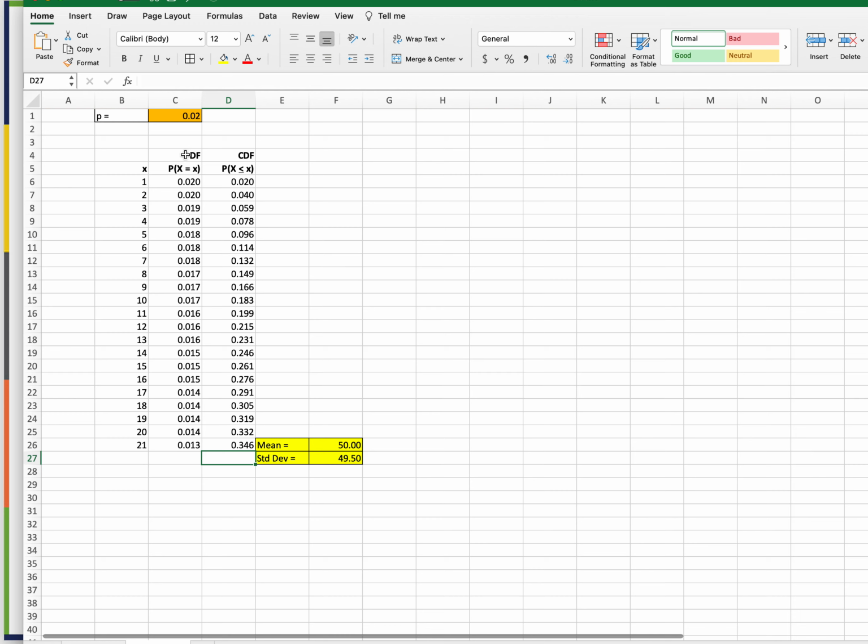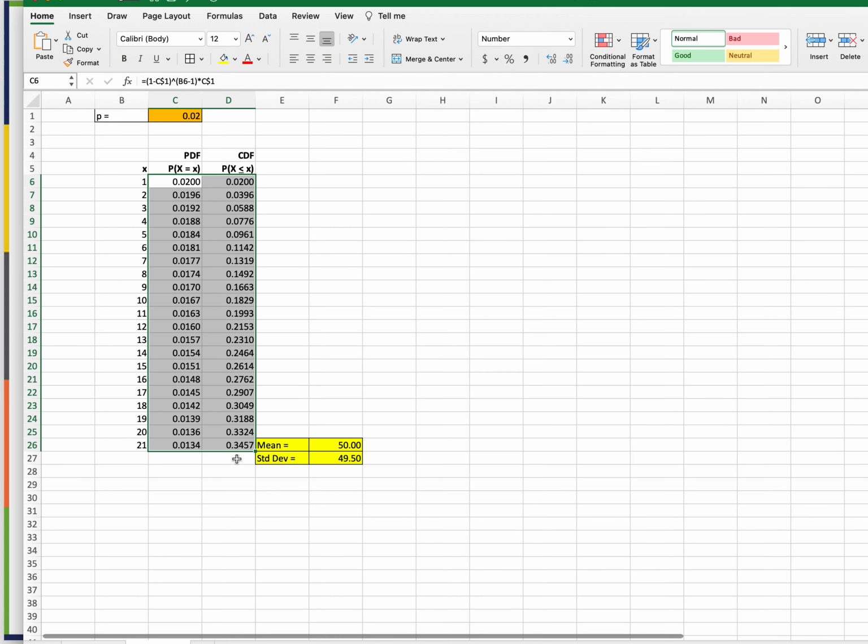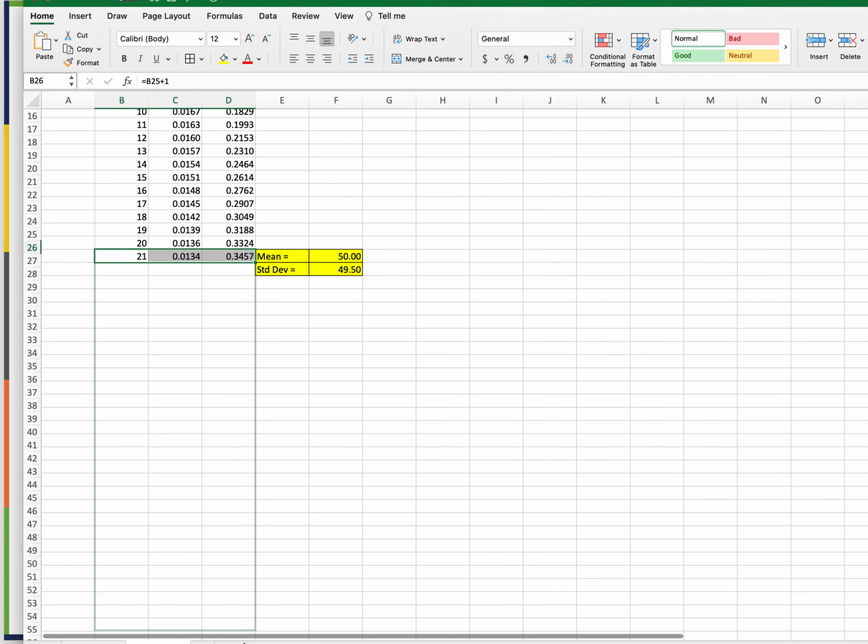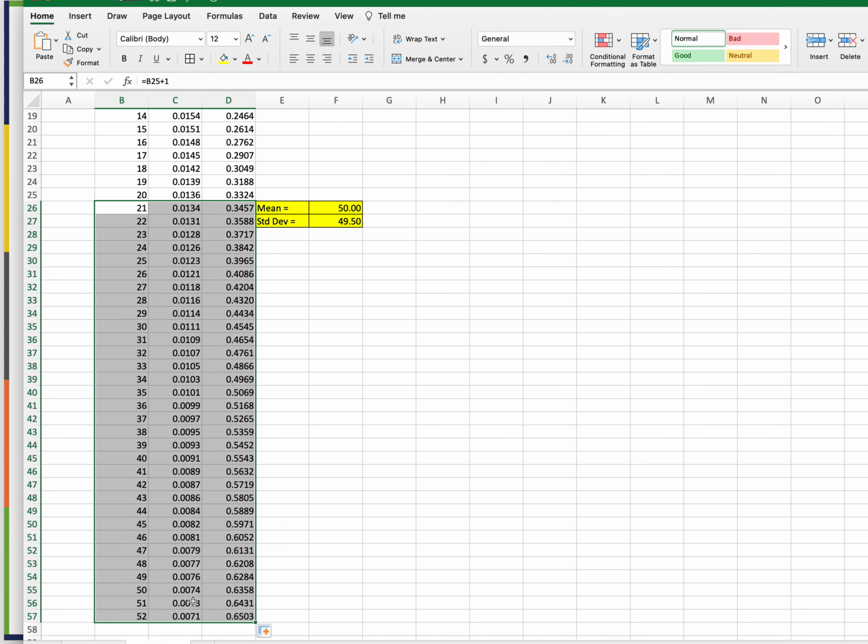Maybe I need to make these so it says the mean is going to happen after 50. So after 7, I expect to get 0.018 because the probability of failure is so small. It's only 0.02. It's 2%. So let's make these 3 decimal places, and let me pull this down to there goes to 50.